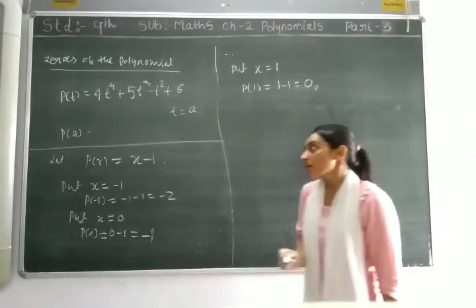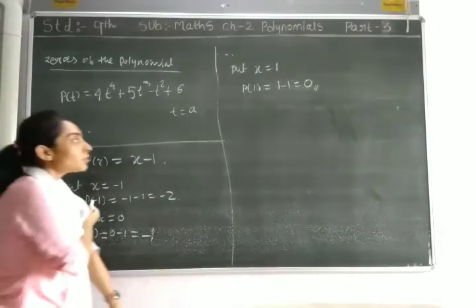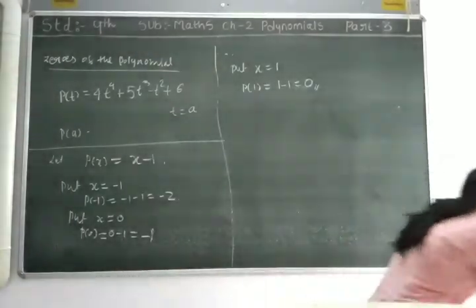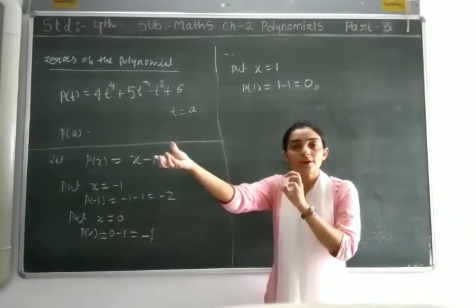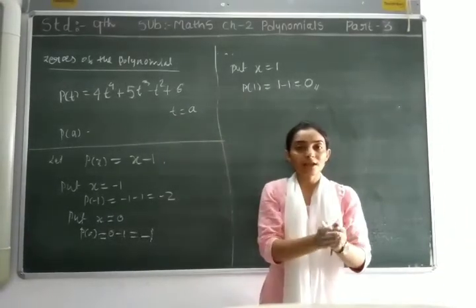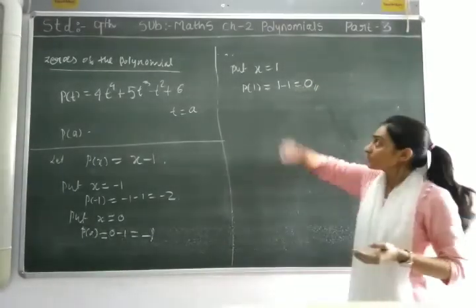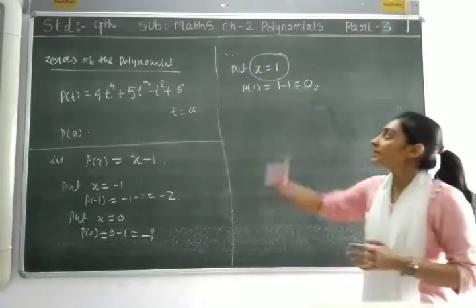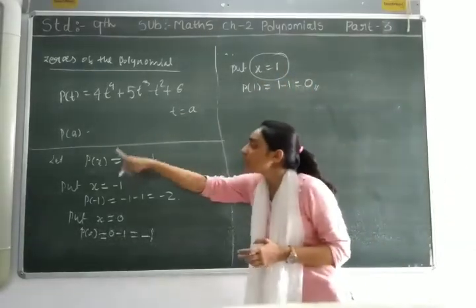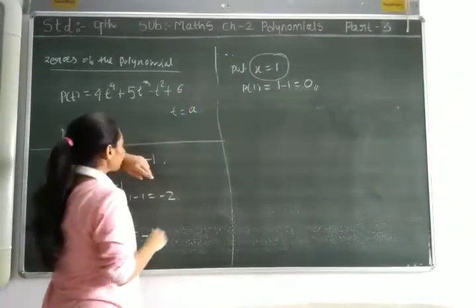So this is nothing but the zero of the polynomial. Zero of a polynomial is nothing but when you put some value into the polynomial and the resultant value I get equals 0, it means this x equals to 1 is the zero of the polynomial p of x equals to x minus 1.